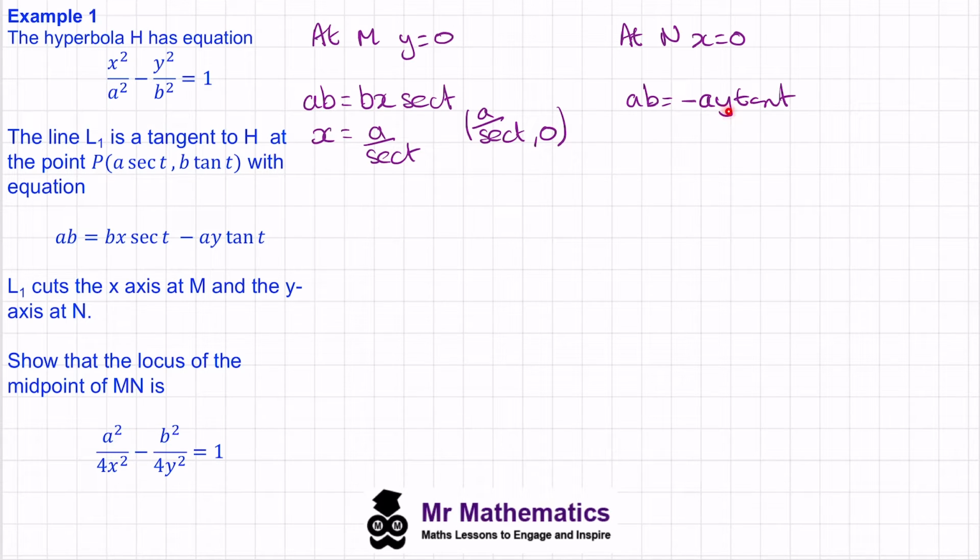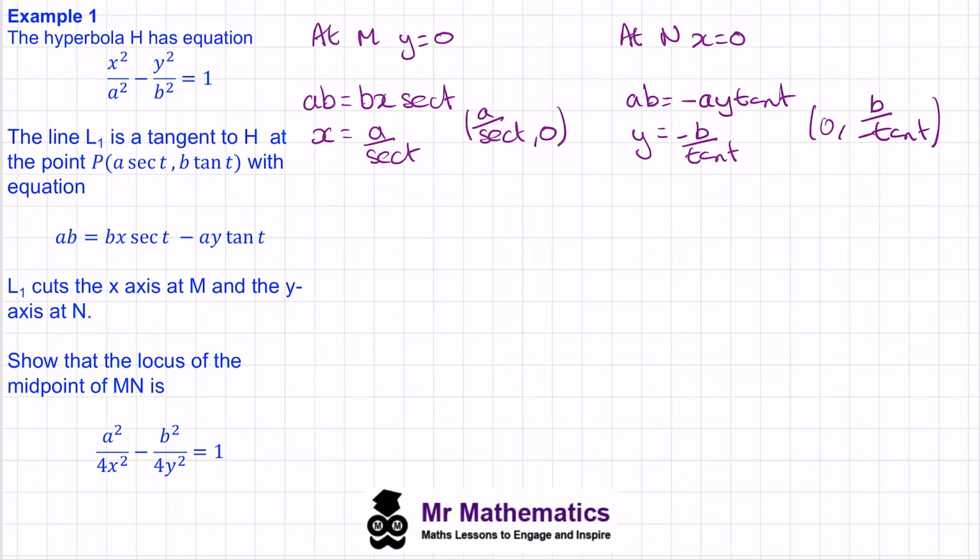We can make y the subject by dividing both sides by negative a tan t, and the a's will cancel, so y is equal to negative b over tan t. So the general coordinate for N will be 0, and then b over negative tan t.